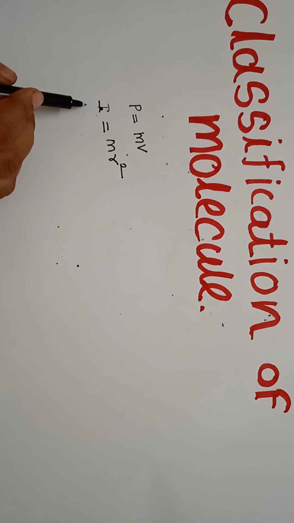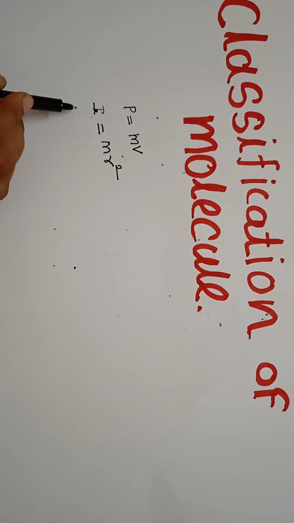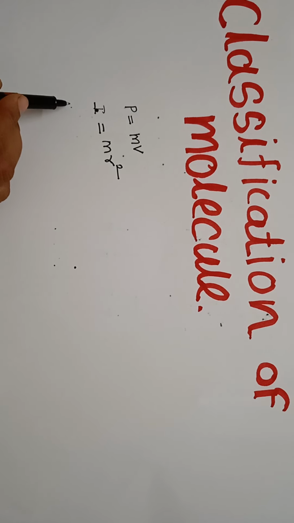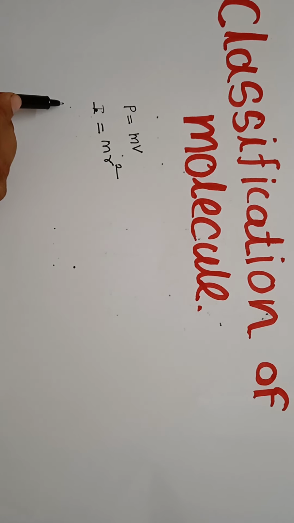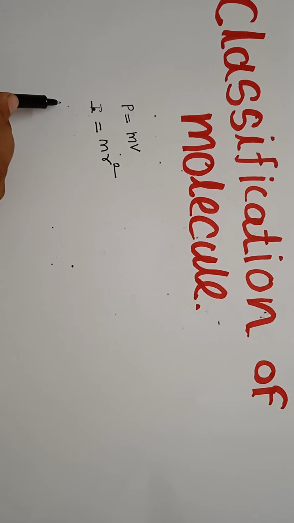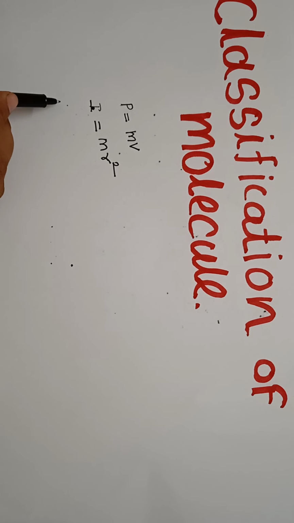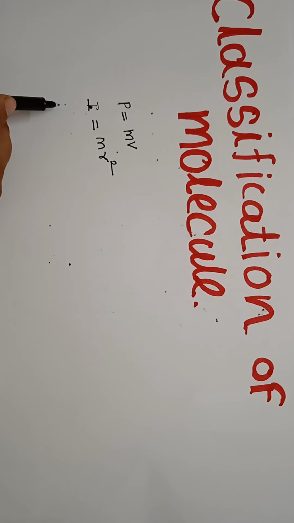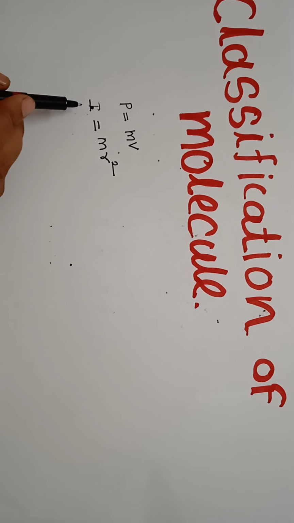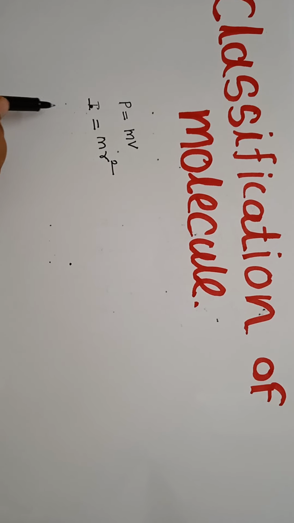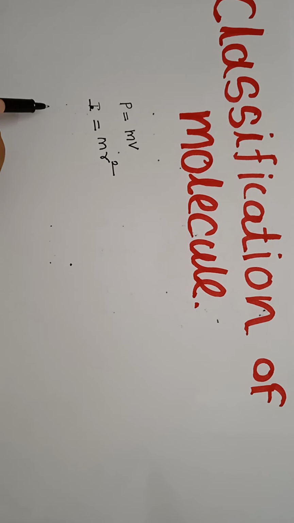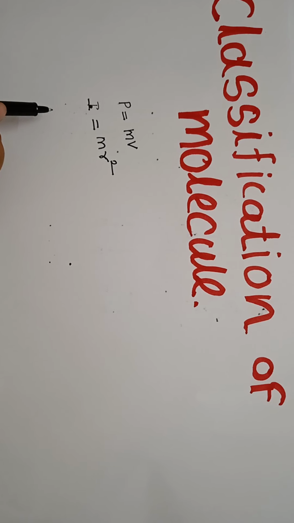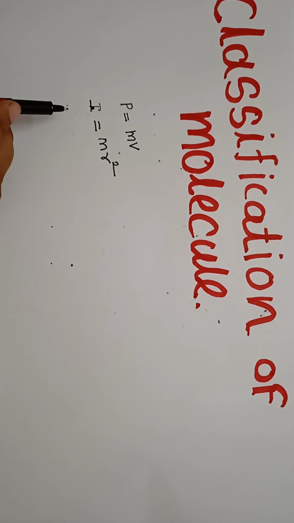So when the moment of inertia is high, the required force is high and the body will resist, and rotational motion is difficult. So it is important to see the classification of molecules by moment of inertia.